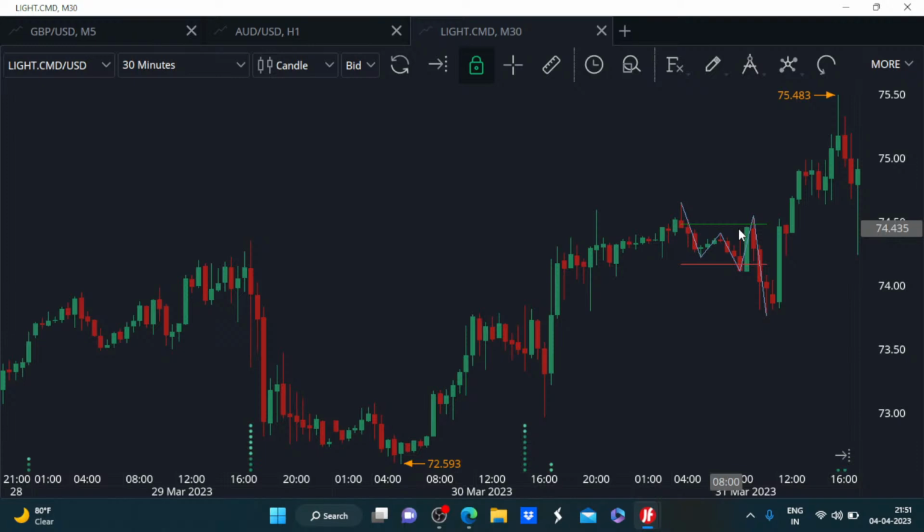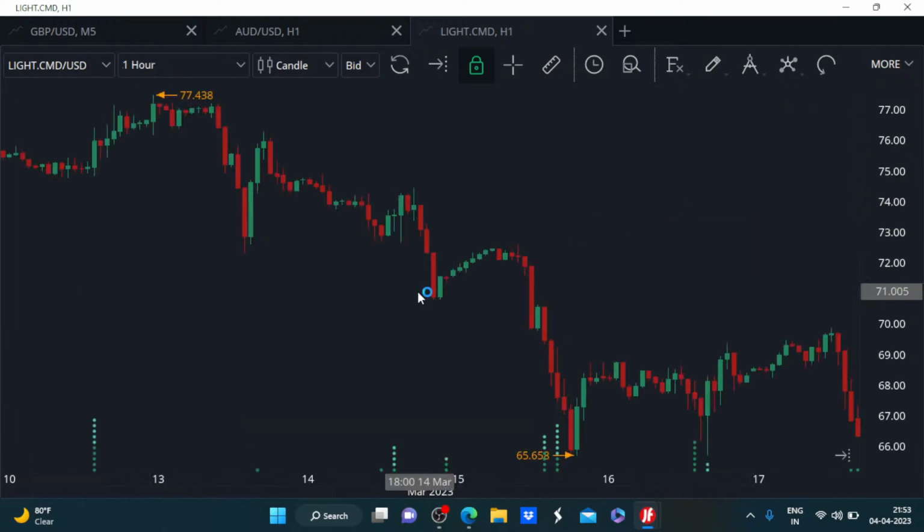All right. So I think a time frame like half-hourly is not going to be much help on this light crude oil chart. Maybe in the currency segment, half-hourly is going to be a good time frame, but not so much for light crude oil.